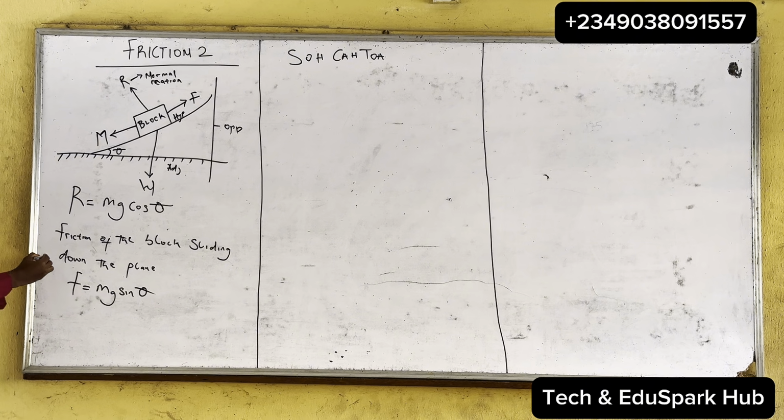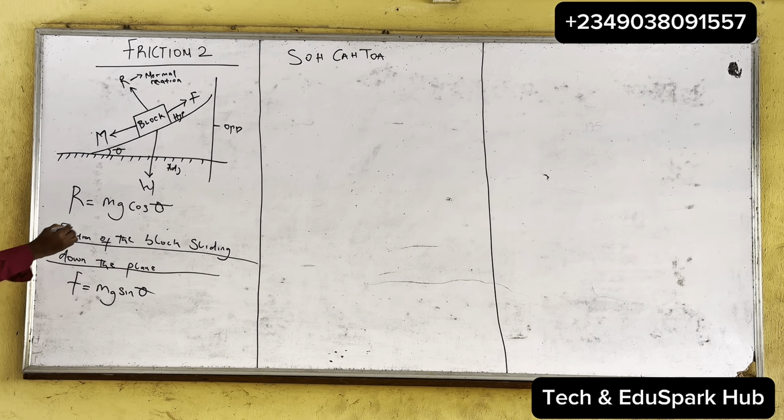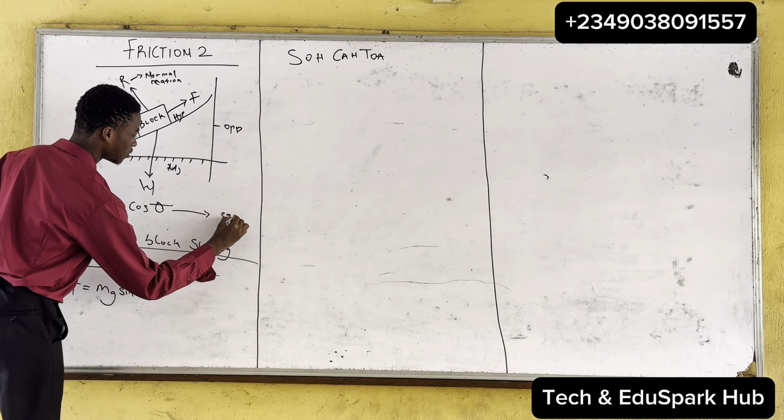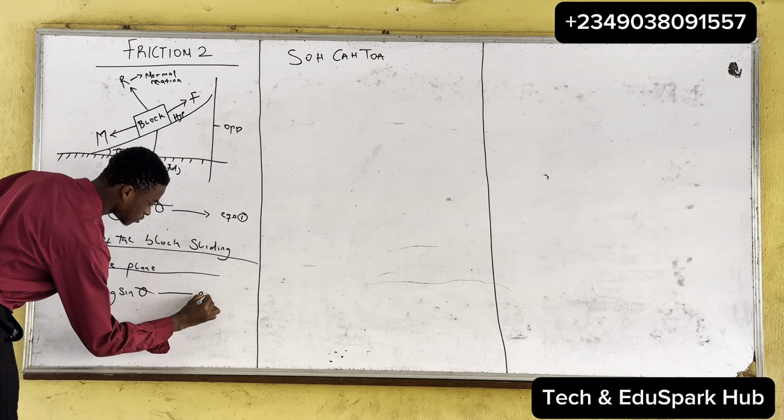So this is the formula for the block sliding down an inclined plane. Let's call this our equation 1, and this our equation 2.